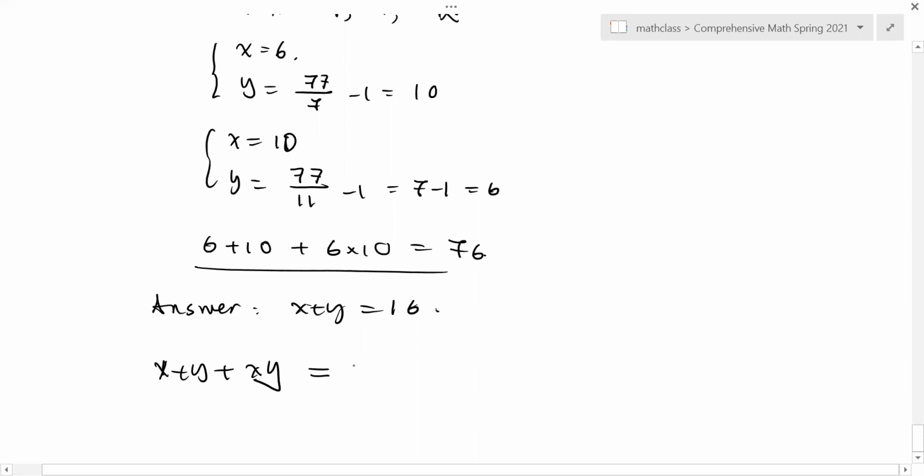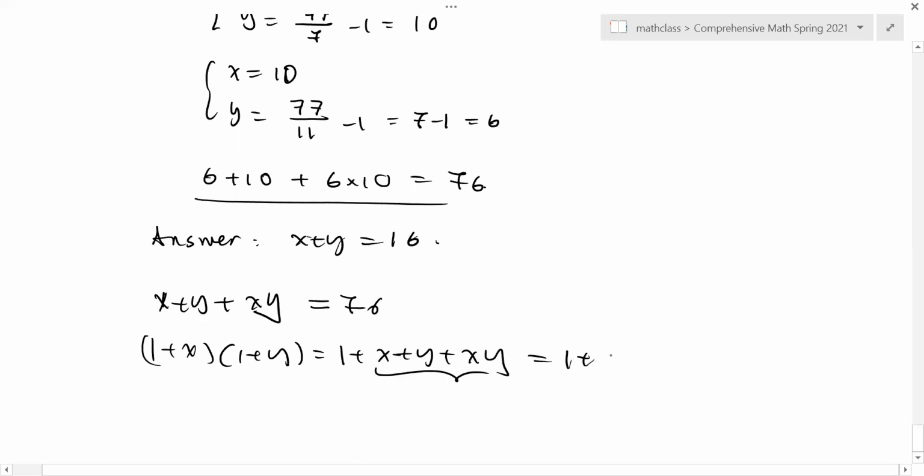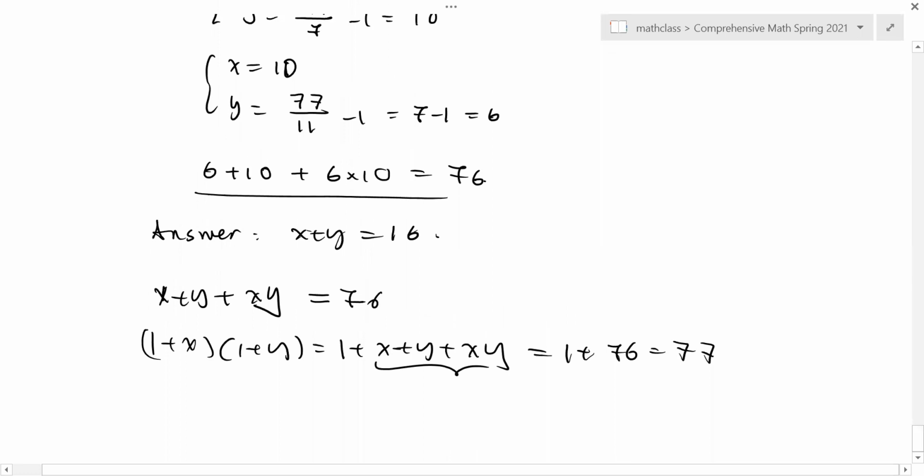But I remember that 1 plus x times 1 plus y is 1 plus x plus y plus x times y. That is given, which is going to be 76 plus 1, or 77. So you have 1 plus y times 1 plus x equal to 77.